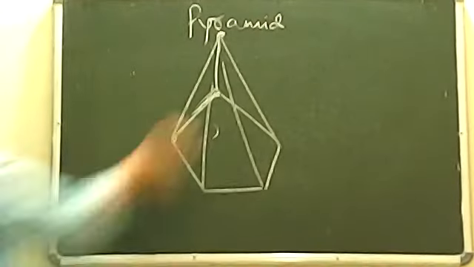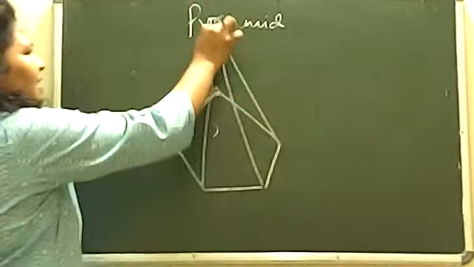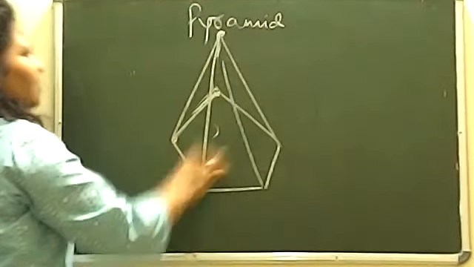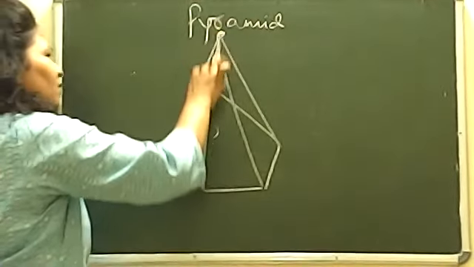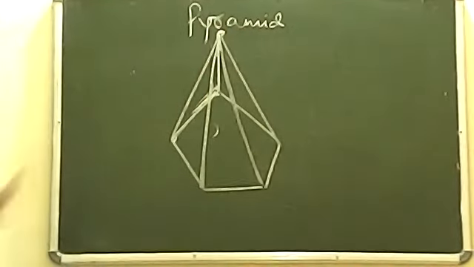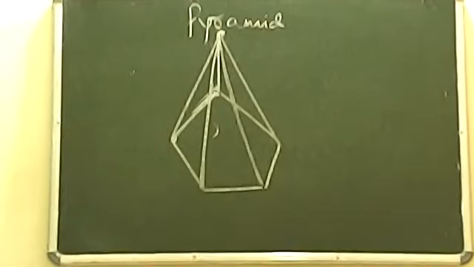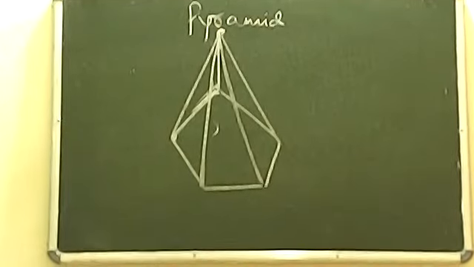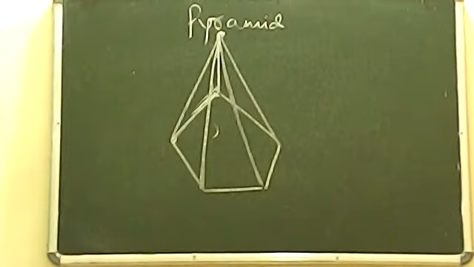Fine. You have to join all the faces from that only. This is all about a pentagonal pyramid. Fine. So remember, a pentagonal pyramid has the bottom as a pentagon only.